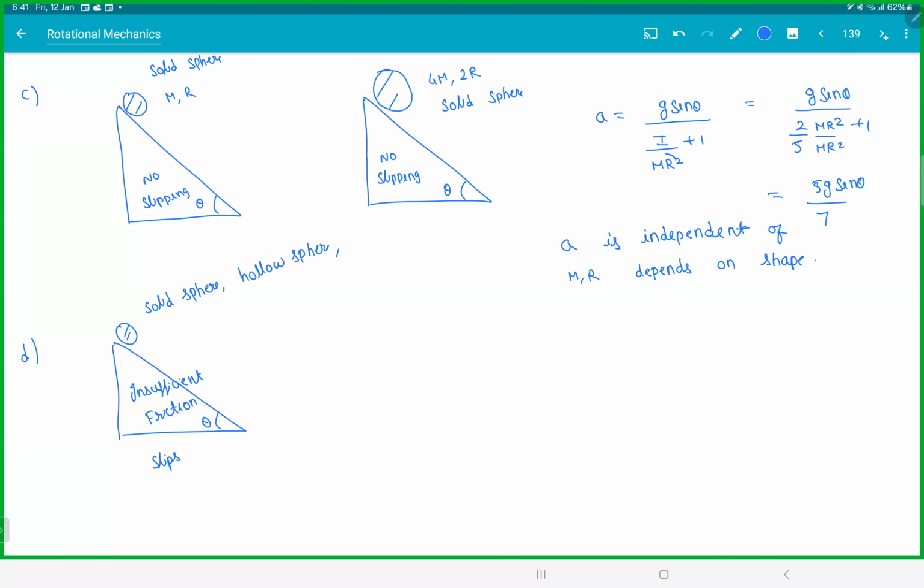But what is this M then? This M is also 4M and 2R, right? That I by mr square, this M and R are also the same, doesn't matter. Solid sphere, disk and ring. Now who reaches first?